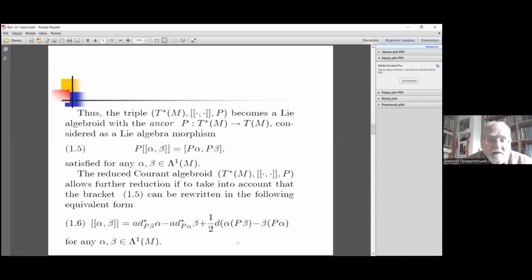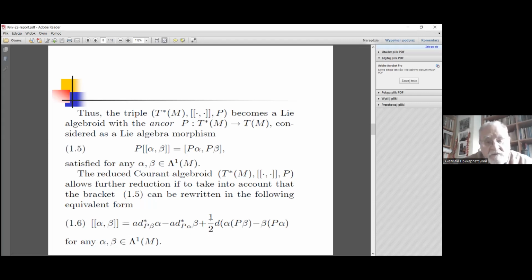We see the left-hand side is our bracket, and the right-hand side coincides with the coadjoint action of the vector fields P alpha and P beta taken with alternate sign, because we have this coadjoint action of alpha.